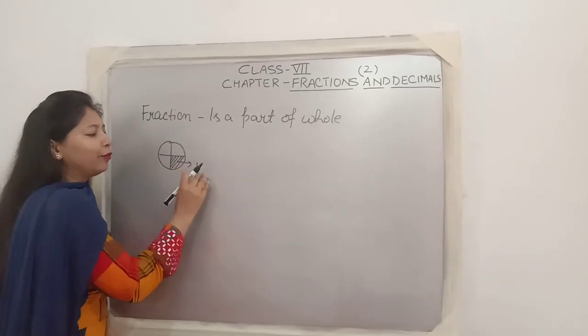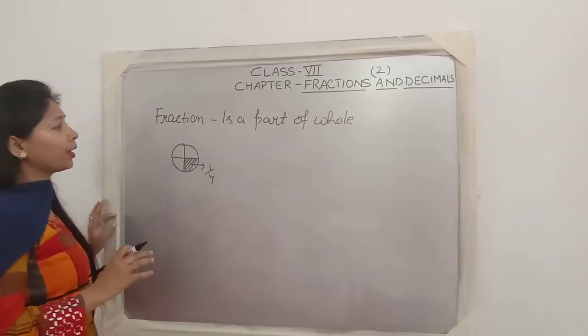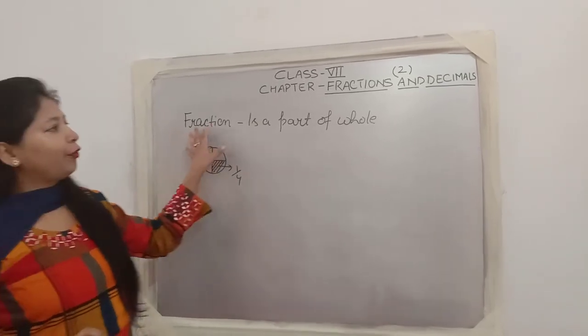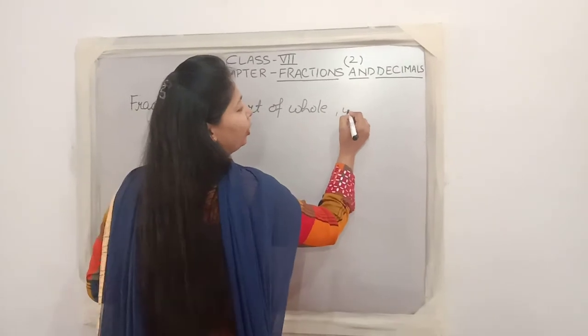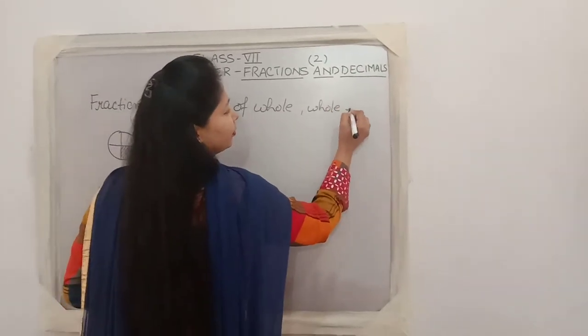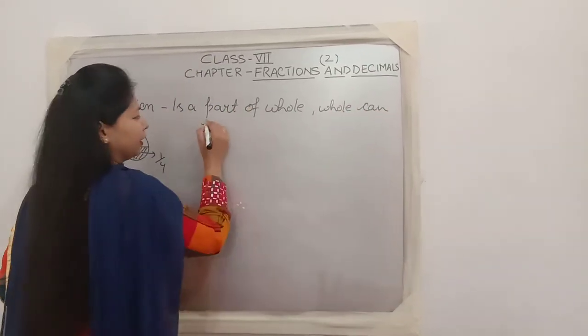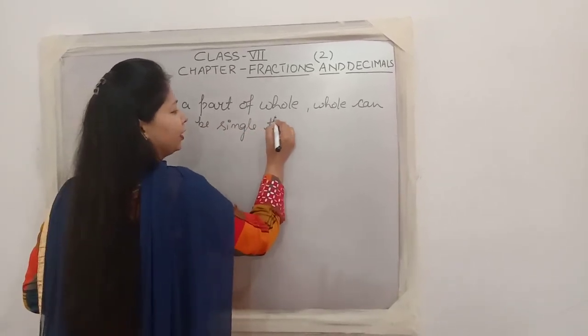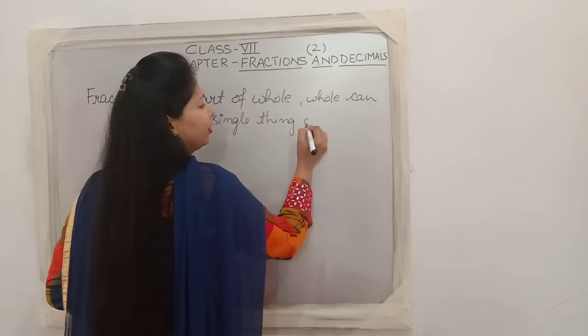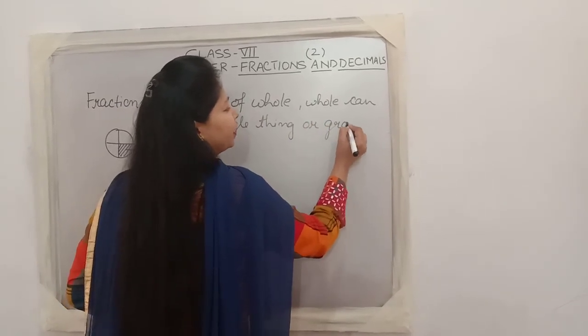That means it is the 1/4 of this circle. This is a fraction. Now fraction is a part of whole. Whole can be a single thing or group of things.